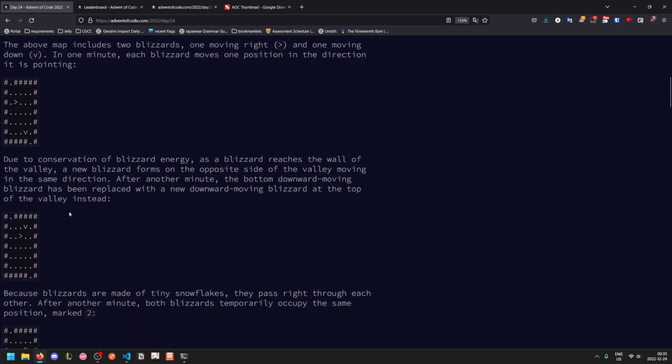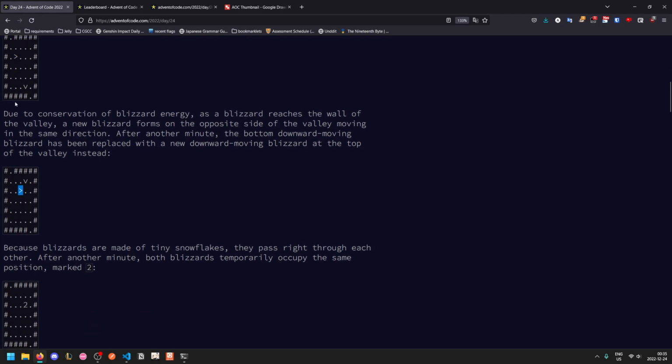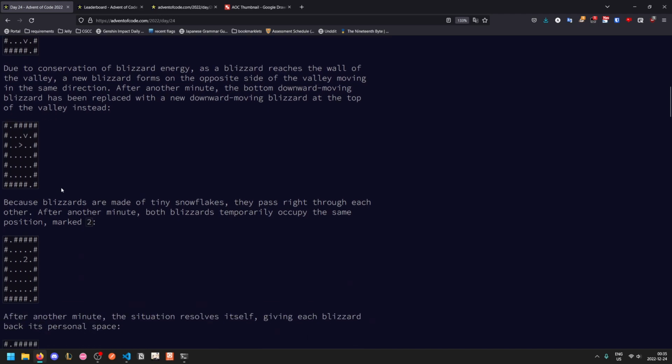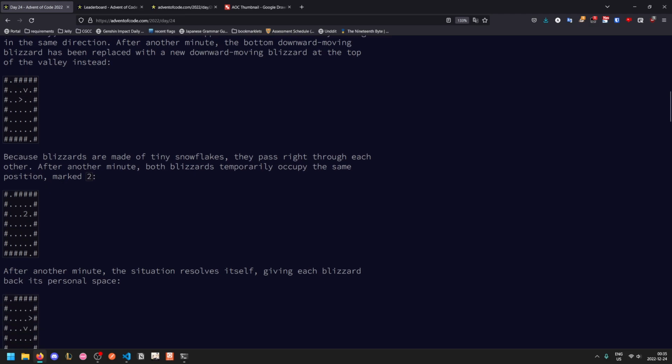Because of conservation of energy, when a blizzard reaches a wall, a new blizzard on the opposite side forms in the same direction. So after 1 more minute, this blizzard moves to the right by 1 again, and this blizzard, which has reached the bottom wall, now warps around to the top. Because the blizzards are made of tiny snowflakes, they can go through each other, and the wind that pushes them around also operates independently. So in the next frame, these two blizzards will be in the same location.